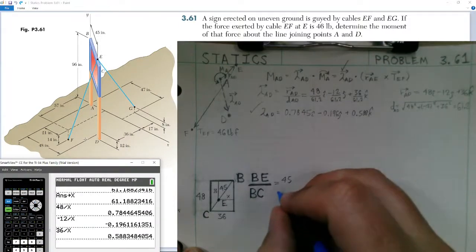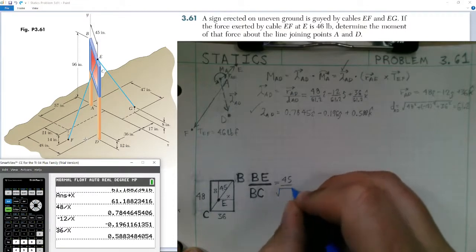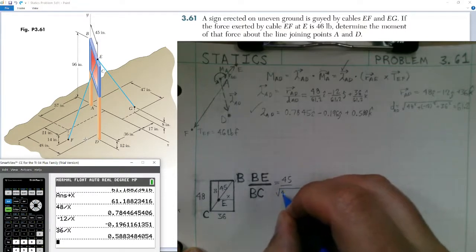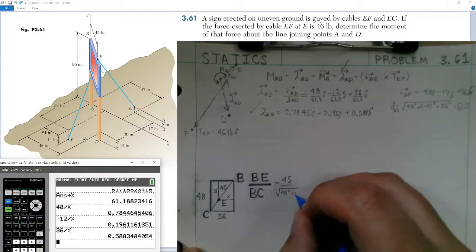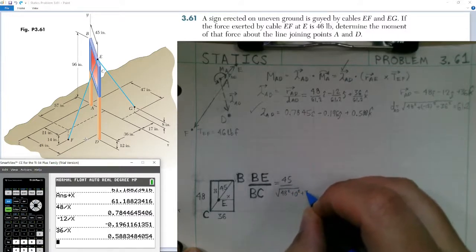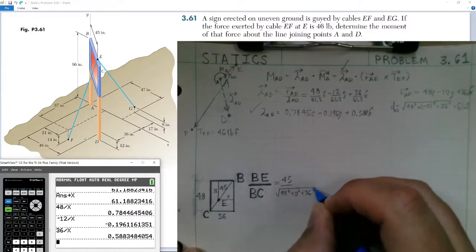So we simply have this equal to the square root of 48 squared plus 0 squared in the Y plus 36 squared in the Z.